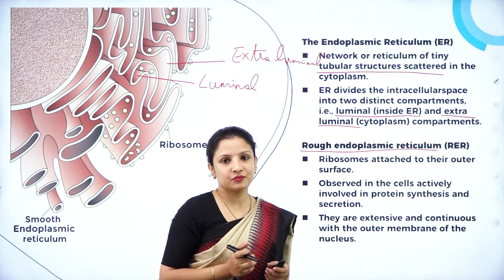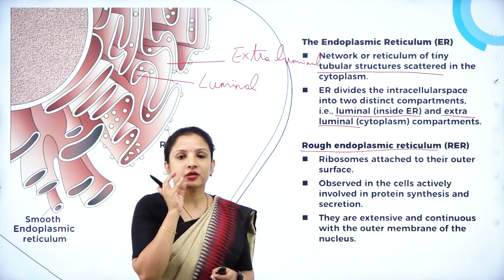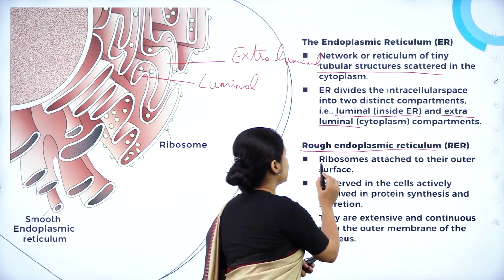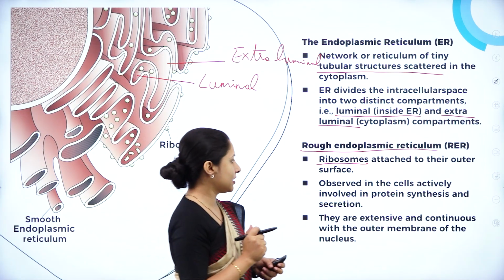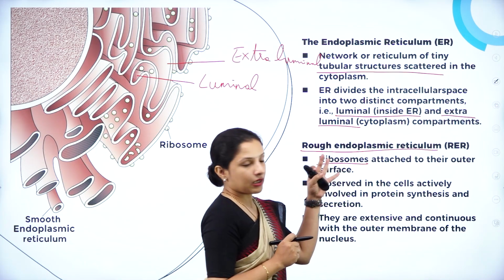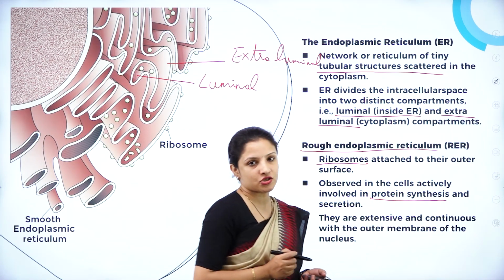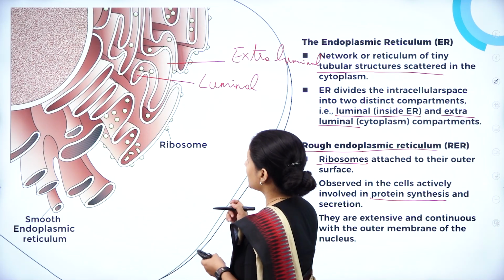Rough endoplasmic reticulum has small globular-like structures, called ribosomes, which are responsible for synthesizing proteins. They are attached on the surface of the endoplasmic reticulum and are involved in protein synthesis and certain secretions.